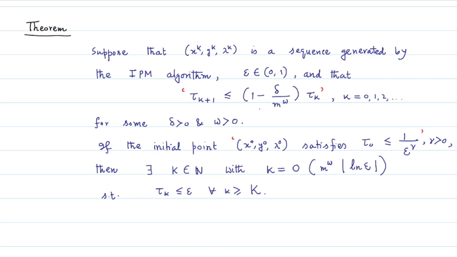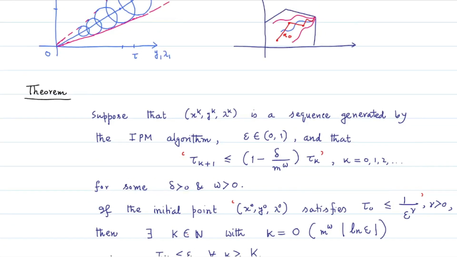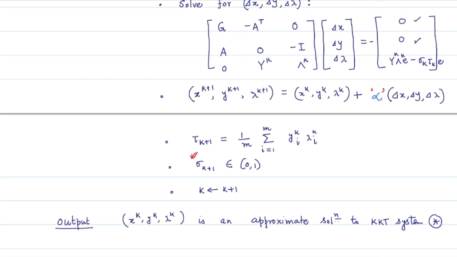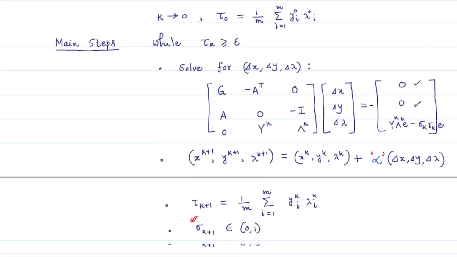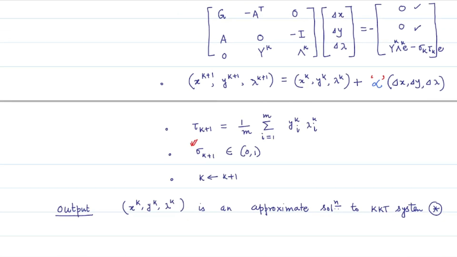And then we notice that certainly there exists a natural number capital K, where capital K is bounded by a polynomial of the number of inequations, the number of constraints in a given quadratic programming problem. After these many iterations, certainly your tau k will become less than or equal to epsilon, thereby proving that the general interior point method that we have stated over here certainly converges if your initial point is tactfully chosen and your sigma k is also tactfully taken.